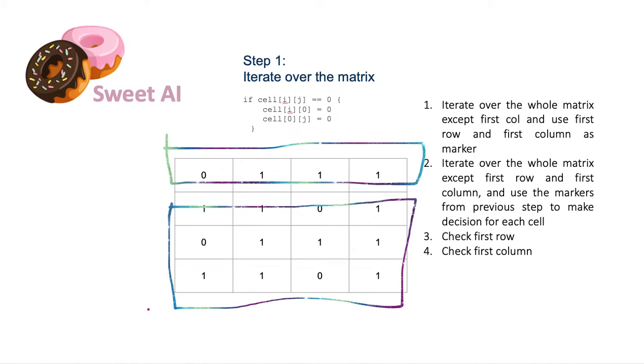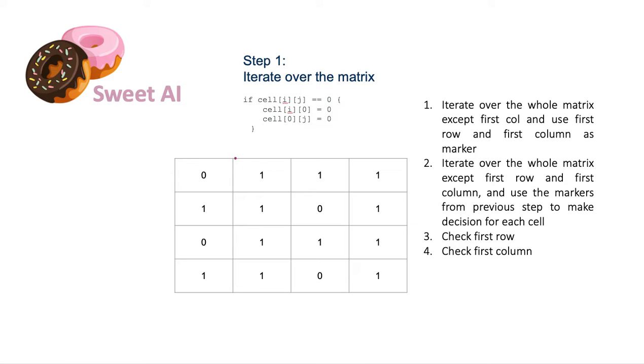The reason is that if one of these elements is equal to 0, the whole row is going to be equal to 0, and we are going to use the first column and the first row as our marker.